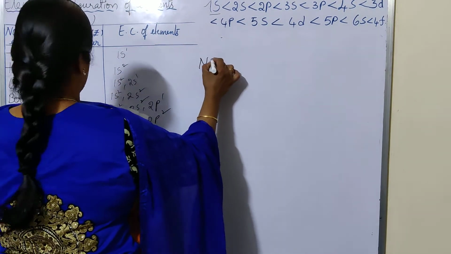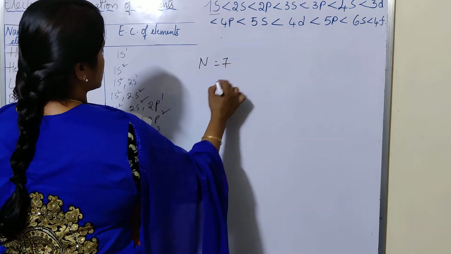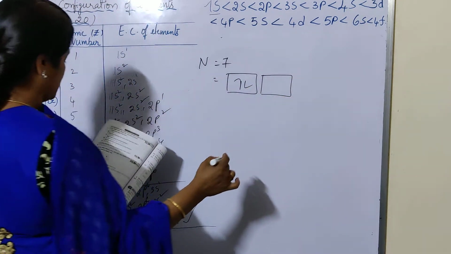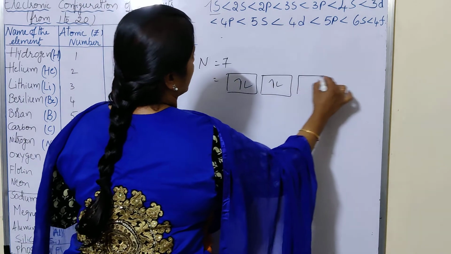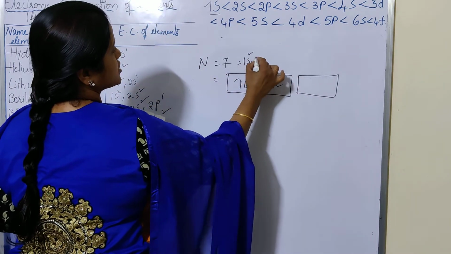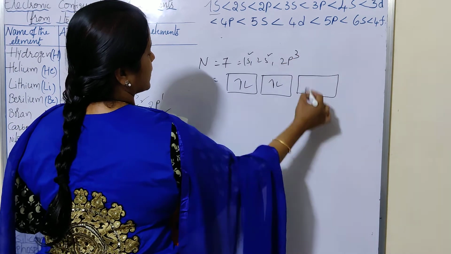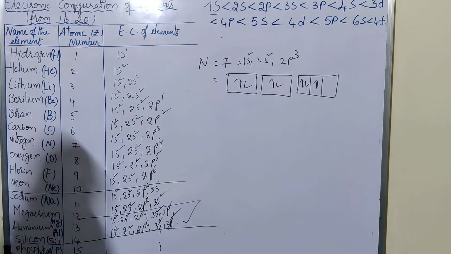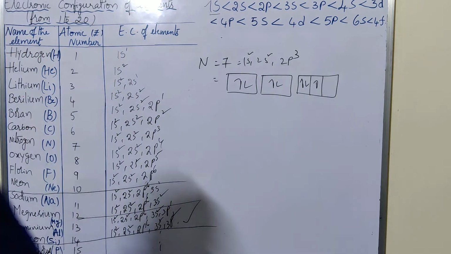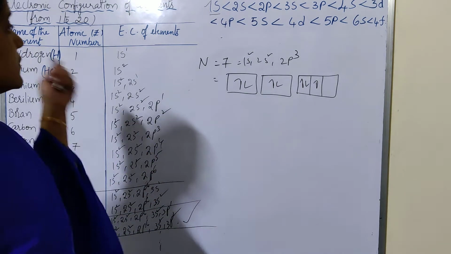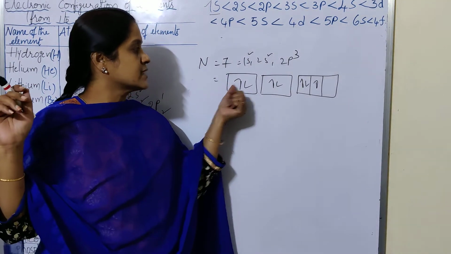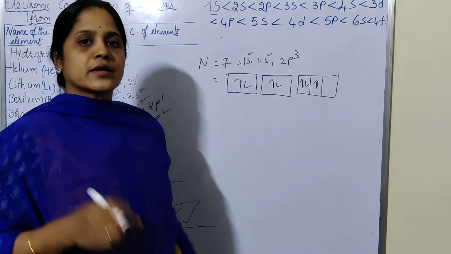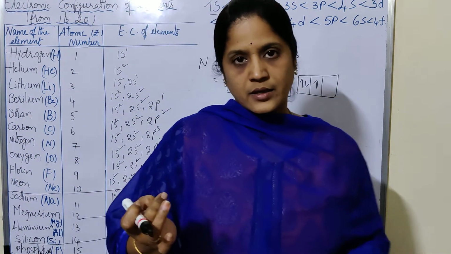Here for nitrogen, the atomic number is 7, and generally 7 means 1s2, 2s2, 2p3. But here the representation is given like this. And they are asking which rule in the filling of electrons in orbitals does not support this. We have 3 rules. What are the 3 rules? Pauli's, Aufbau and Hund's rule.